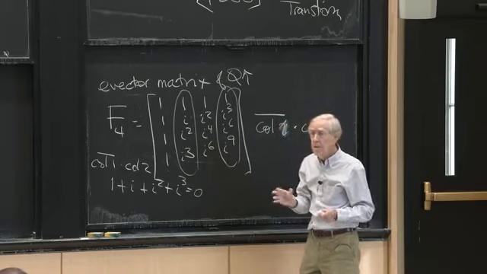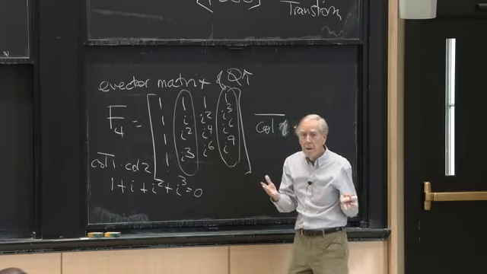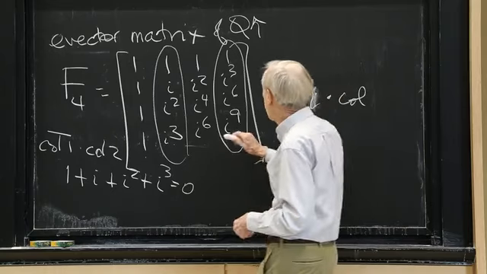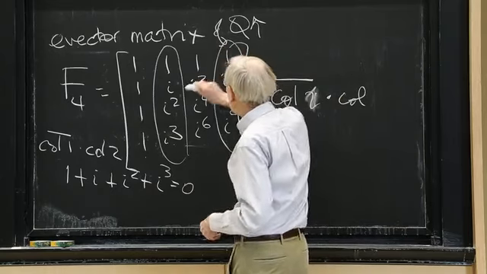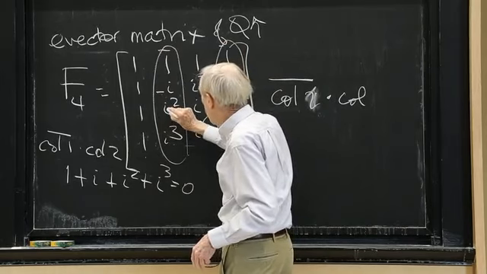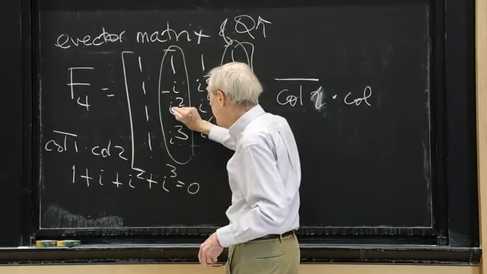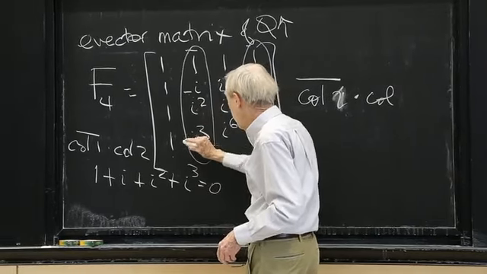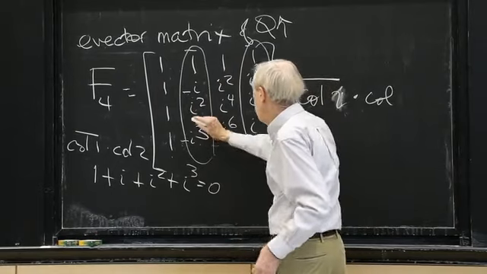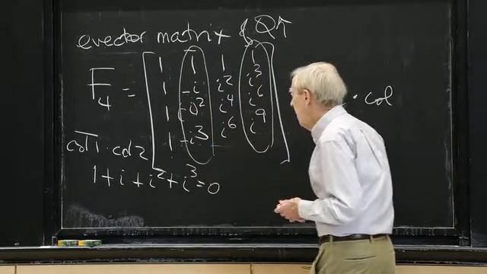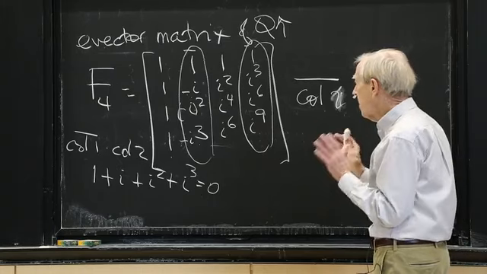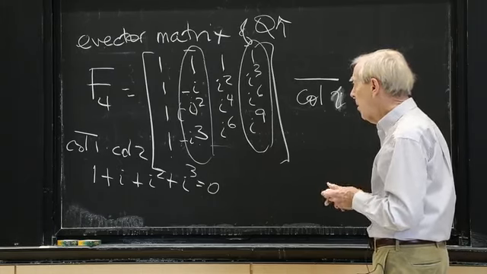I'm getting all 1s. I'm not getting orthogonality there. And that's because I forgot that I should take the complex conjugate of these guys. I should take minus i squared, minus i, well, that's real, so it's okay. So minus i squared is still minus 1. So now if I do it, it comes out 0.